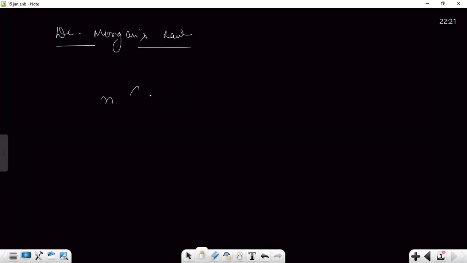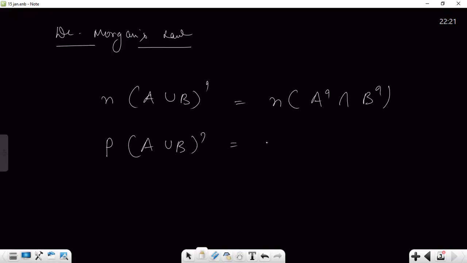The number of elements in set A union B complement can be written as A's complement intersection B's complement. So you can just simply replace n with P. Probability of this particular set can be written as... clear?